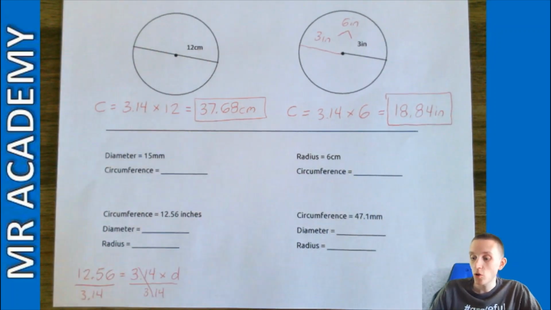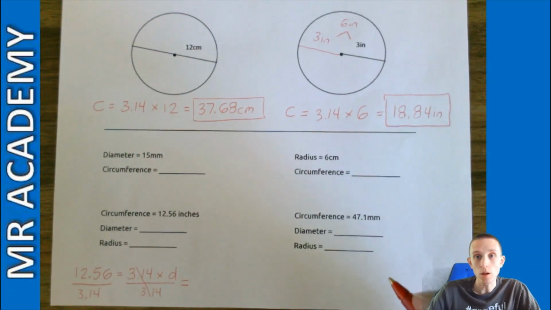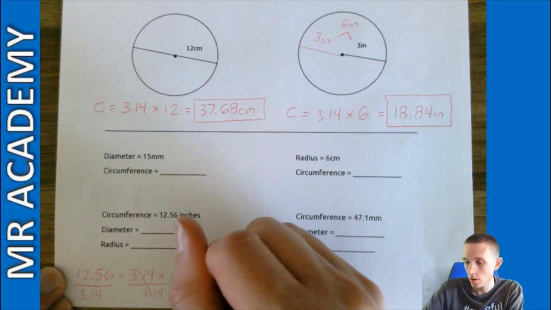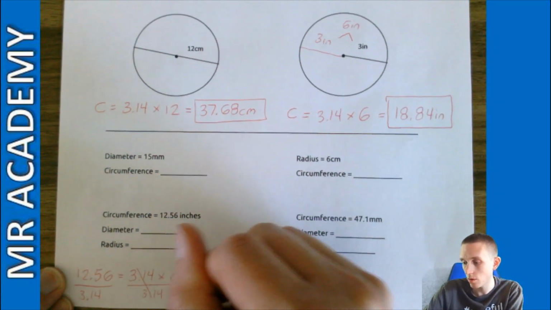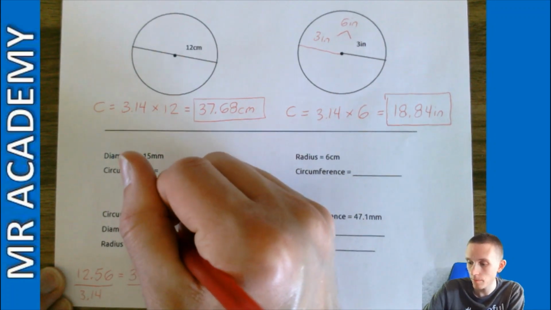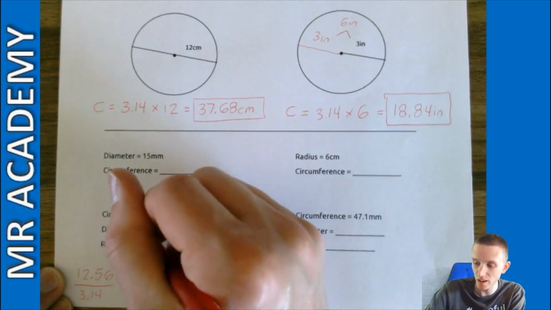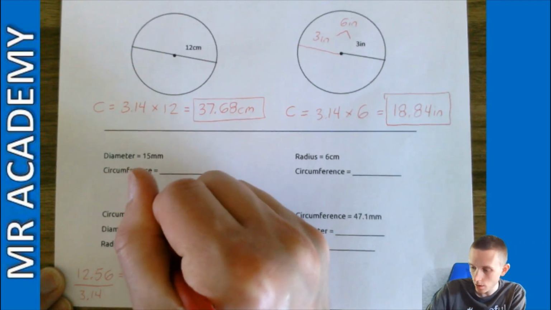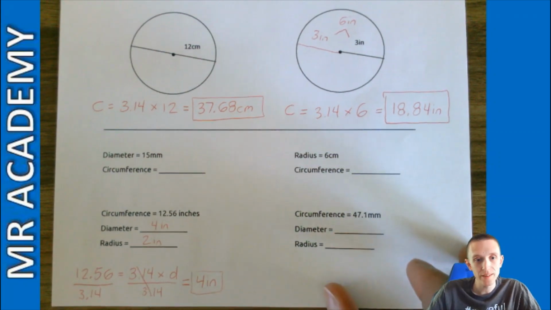So if I take 12.56 divided by 3.14, that is going to get me exactly 4 inches. That's my diameter. And then if they ask me the radius as well, it's just half of that. That's just 2 inches. All right, that's not so bad.